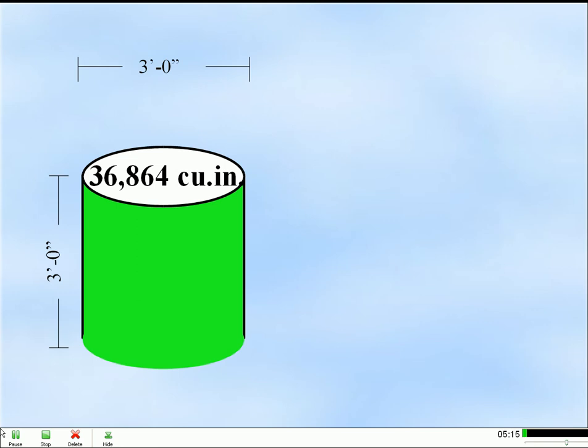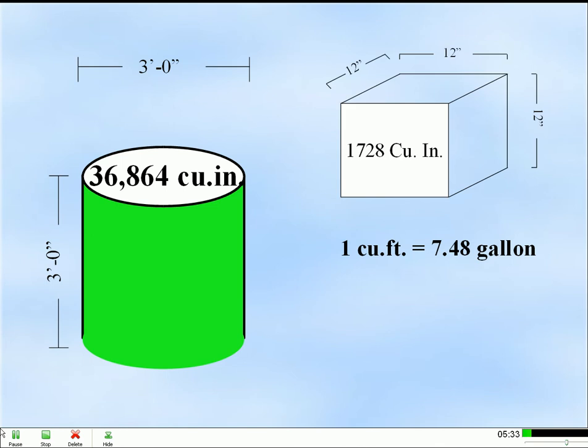How do we change cubic inches into gallons of water? A cubic foot contains 7.48 gallons. This is one of those facts that's carved into granite. Remember this fact. If we take 1 cubic foot and convert it into cubic inches, 12 times 12 times 12, we have 1,728 cubic inches in a cubic foot.